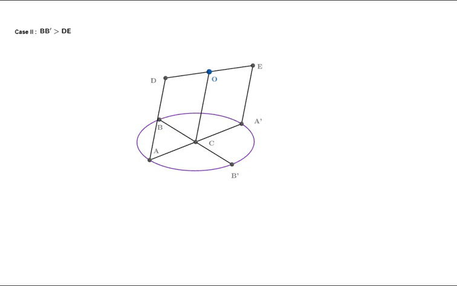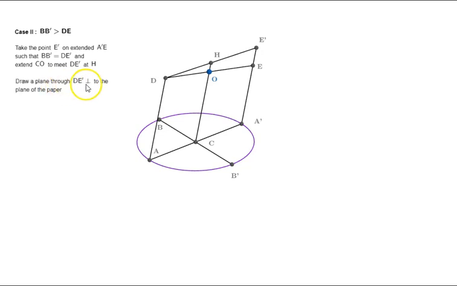For that, we take a point E prime on extended A prime E such that BB prime is equal to DE prime. So we extend A prime E so that DE prime becomes equal to BB prime. And we extend CO to meet DE prime at H.